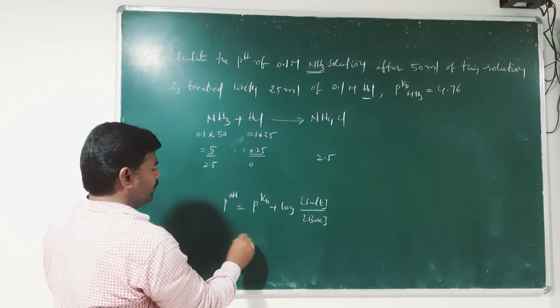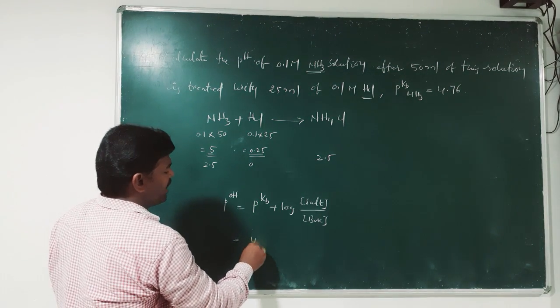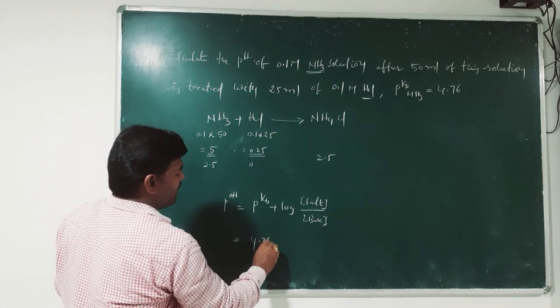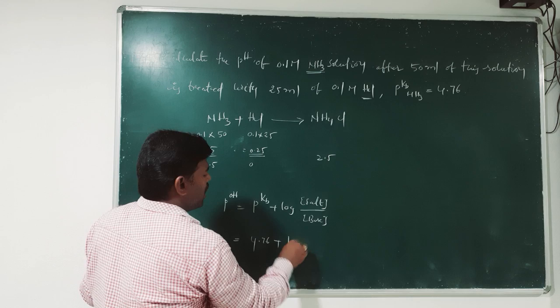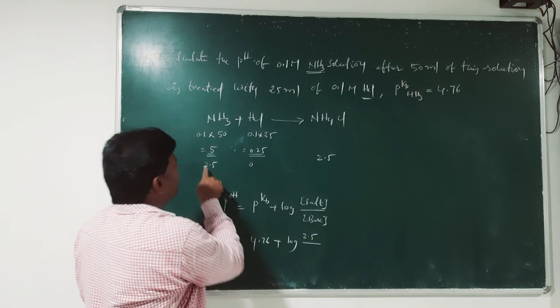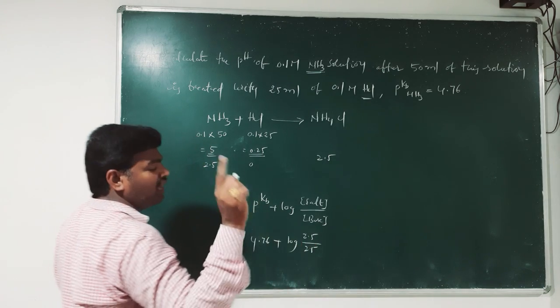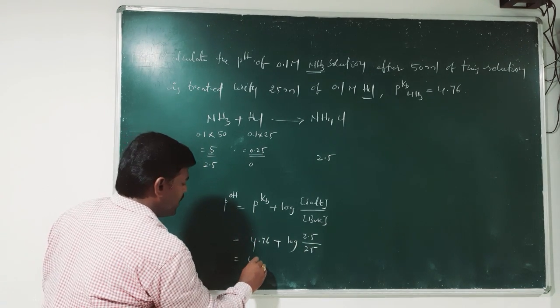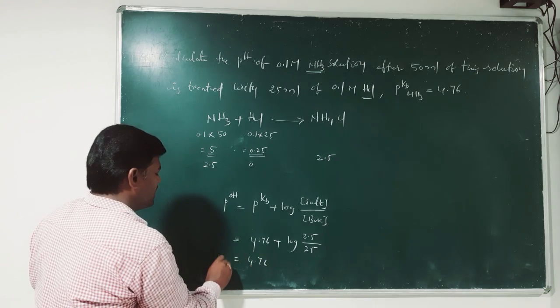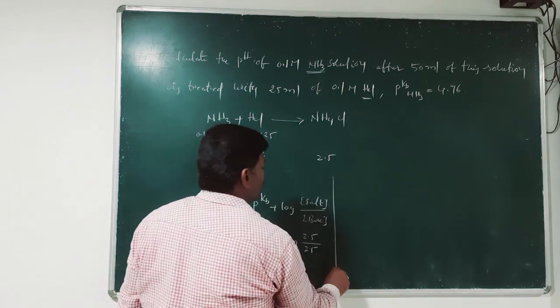The pKb is already given, that is 4.76. Log of concentration of salt 2.5 by concentration of base 2.5 gives 1, and log 1 is 0, and pOH is 4.76.